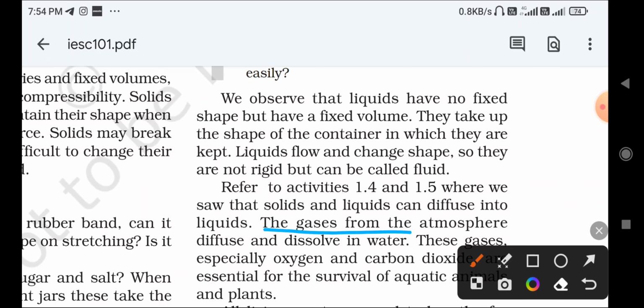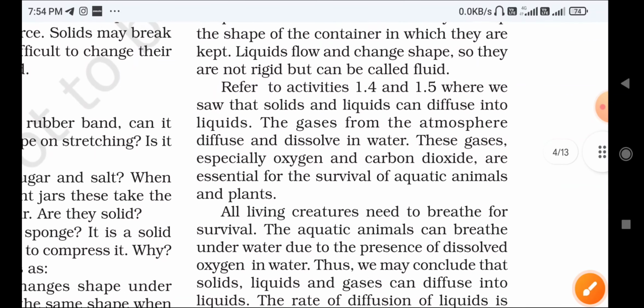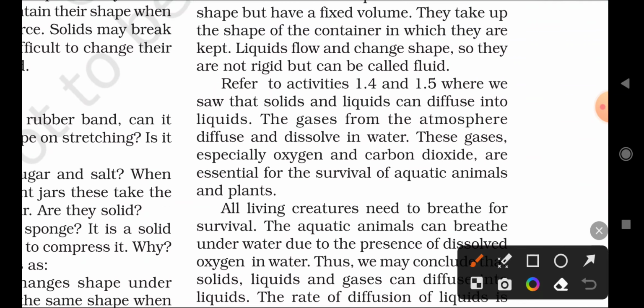The gases from the atmosphere diffuse and dissolve in water. For example, in water, these gases, especially oxygen and carbon dioxide, are essential for the survival of aquatic animals and plants.